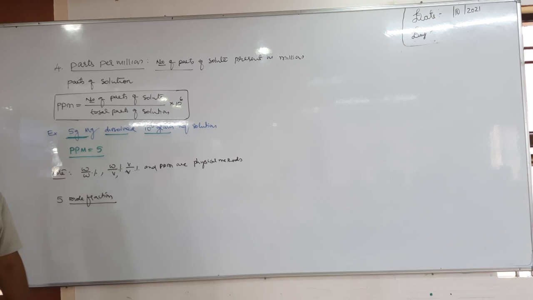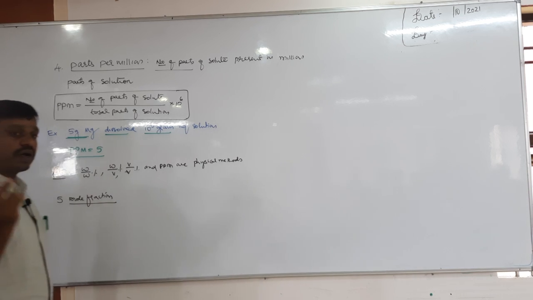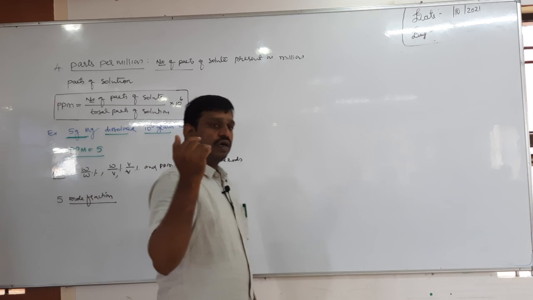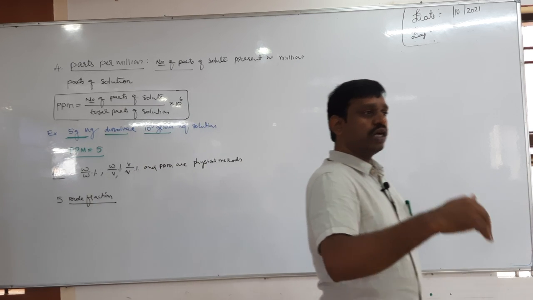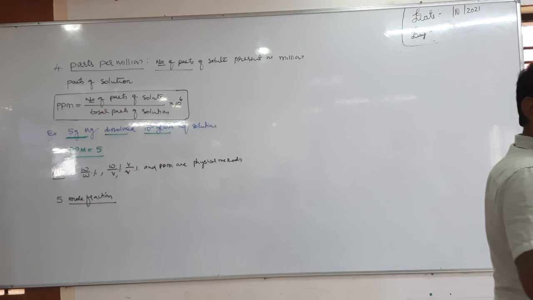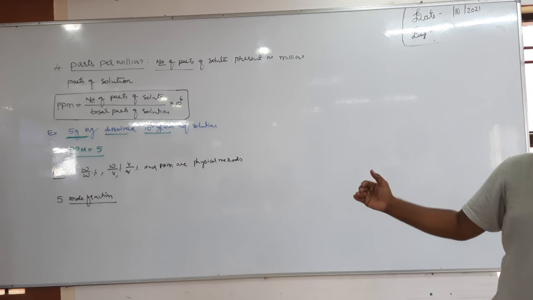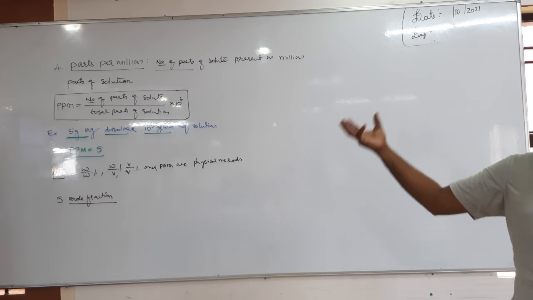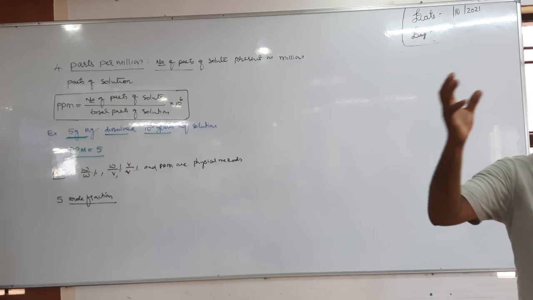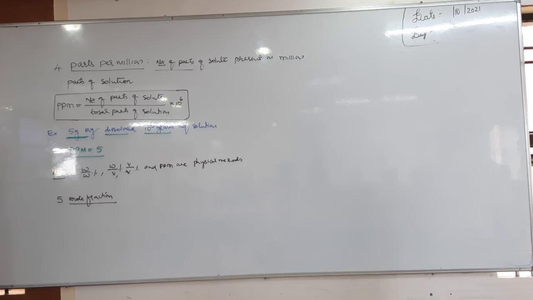How to calculate mole fraction? Tell me, what is the mole fraction? It is the number of moles of one component to the total number of moles of all components. So therefore it is actually a ratio, right? The ratio of the number of moles of any one component to the total number of moles of all the components is called mole fraction, nothing but mole ratio.